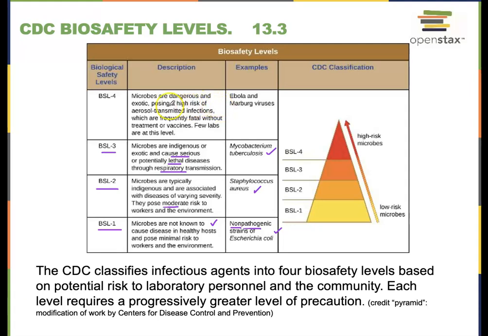These are going to be really high risk of aerosol transmitted infections, which are basically in the air. They can be fatal. So very few labs in the world actually are like this. Ebola is a really scary virus that has had some scares in New York recently, and if you did catch Ebola, the death rate is actually very high.